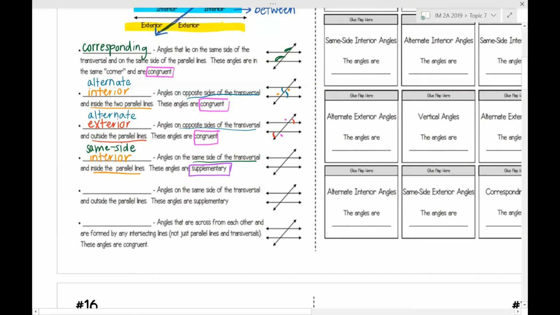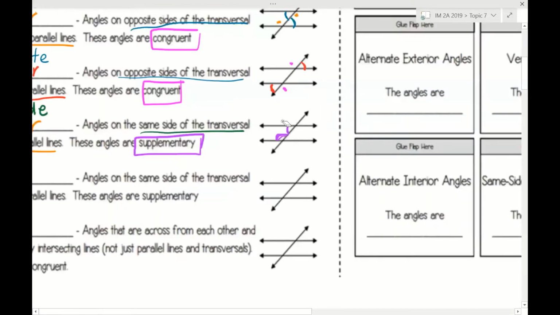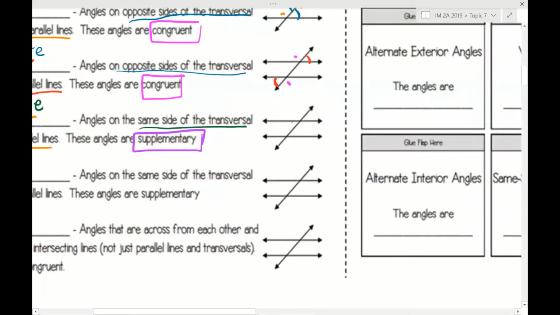So same side interior angles would be this angle and this angle. So I'm marking one. Ooh, I need to zoom in so I can do that better. So the one on the top left and the one on the bottom left, those are same side interior. Similarly, I can do the same thing on the other side.